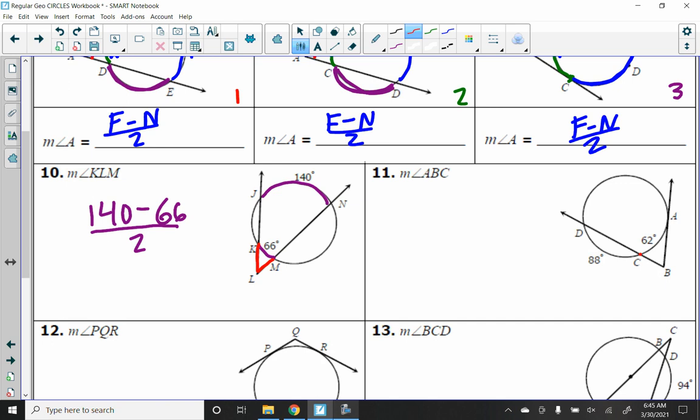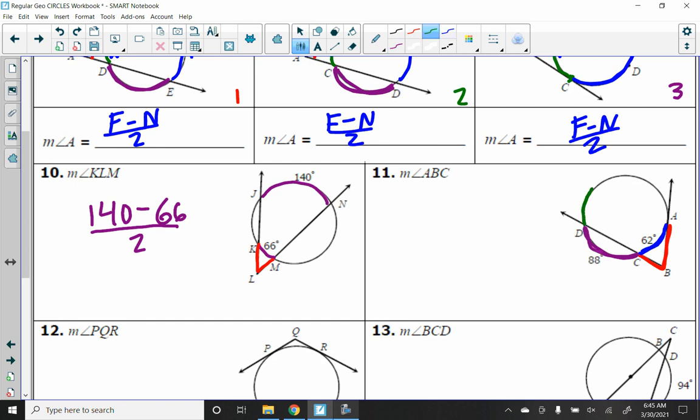Okay, ABC, we want angle ABC. The near arc is 62. This purple arc is not used in the formula.